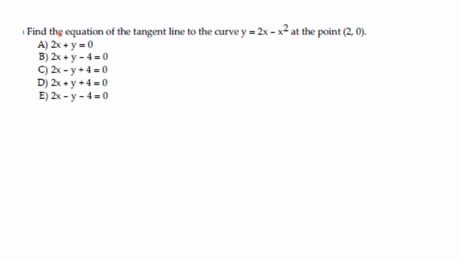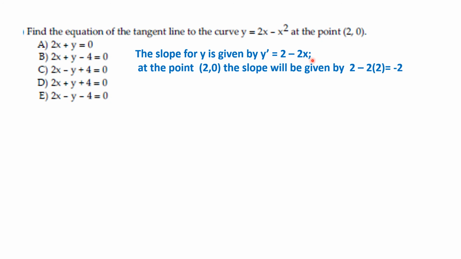Find the equation of the tangent line to the curve y equal to 2x minus x squared at the point (2, 0). The slope for y is given by y prime equal to: differentiate 2x to 2, differentiate x squared to 2x. So it will be 2 minus 2x. Now we have to use the point (2, 0).